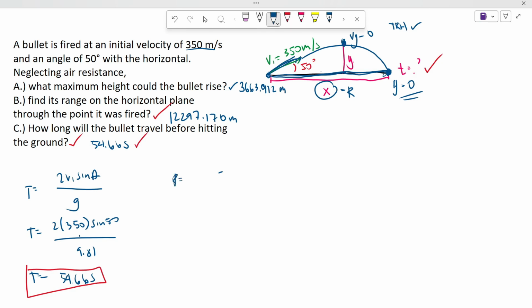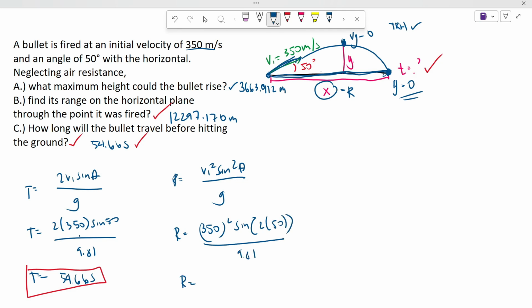The range. The formula for range is VI squared sine 2 theta all over G. So, range is 350 squared sine of 2 theta all over 9.81. So, we insert it in the calculator.